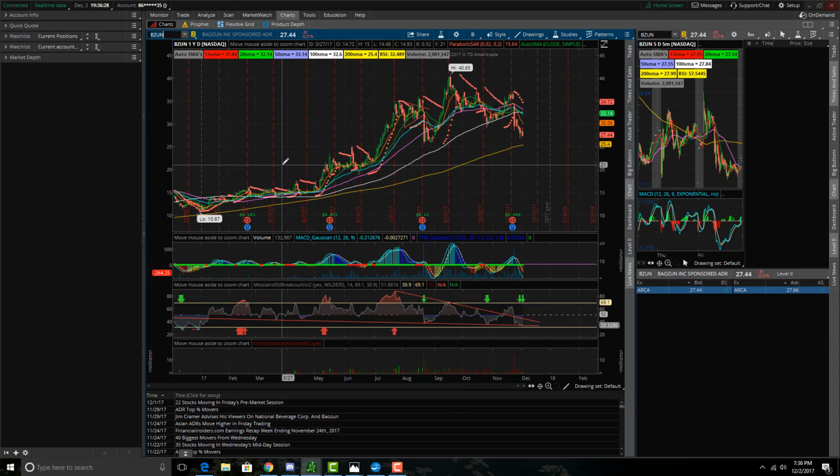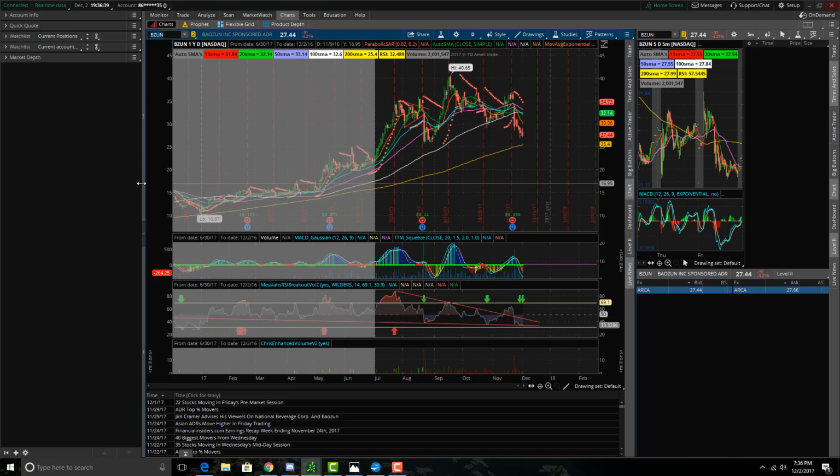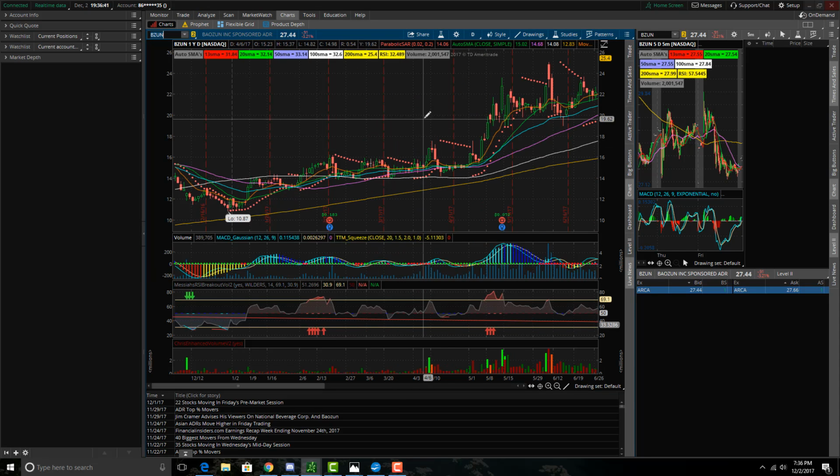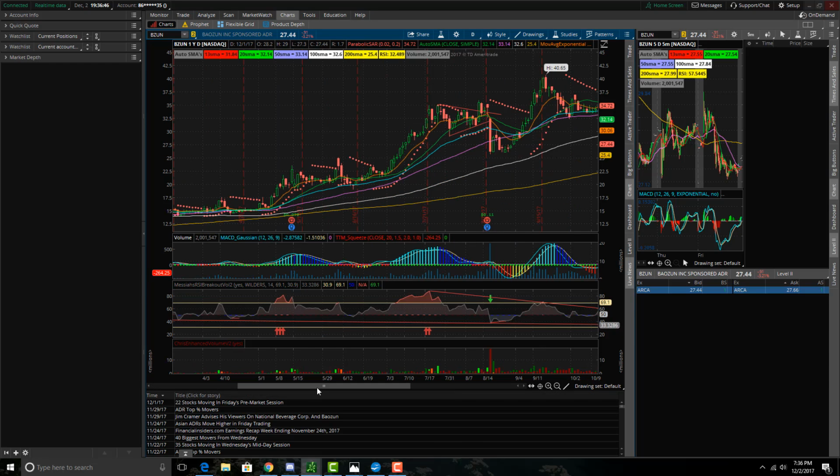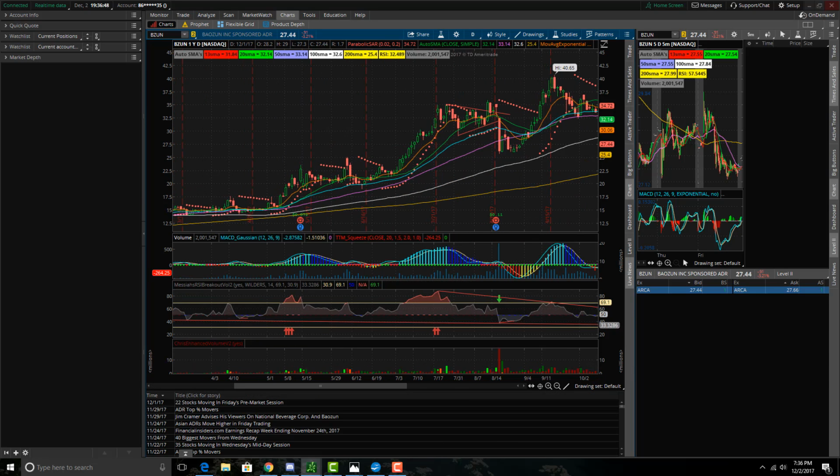So we have BZUN, and let's just plot this from here. So we'll go from pre-breakout. Yeah, let's go from pre-breakout. Okay. So we'll start right here.